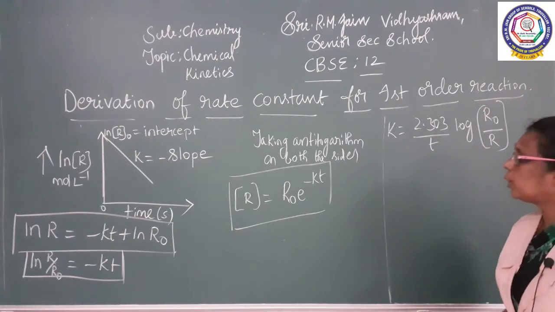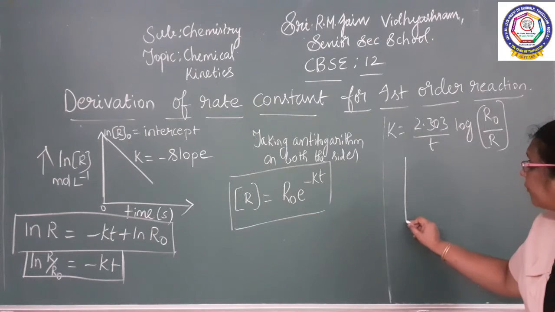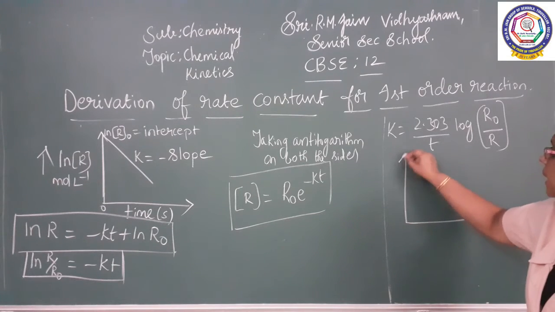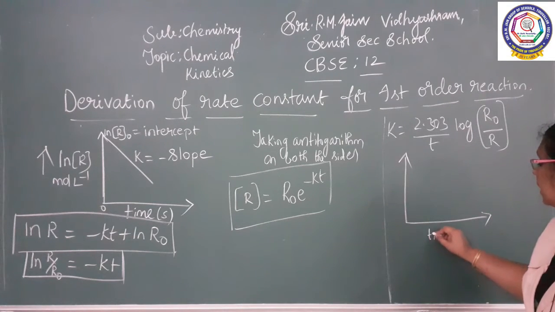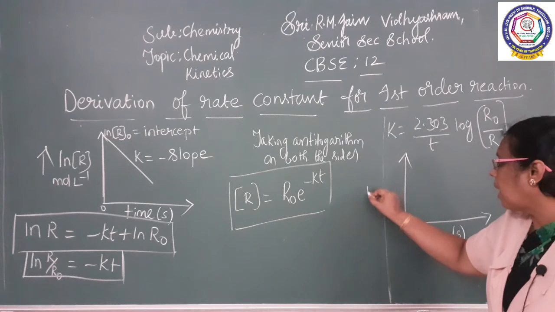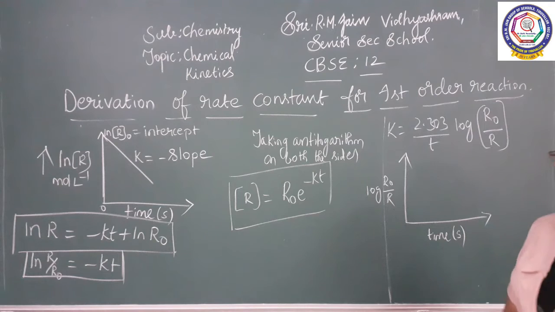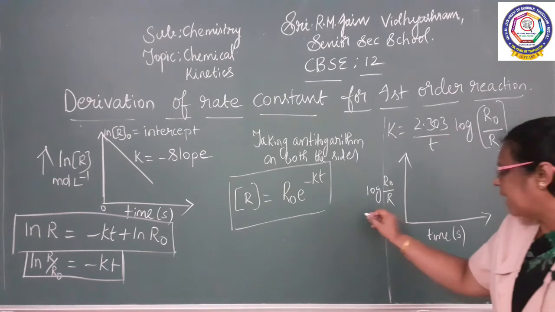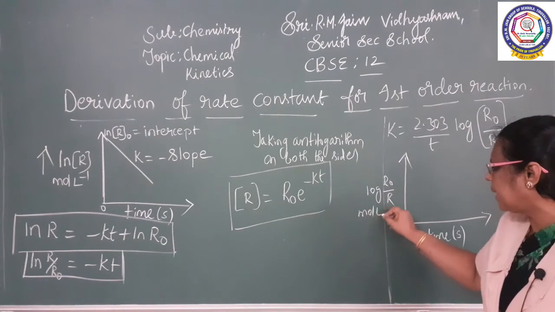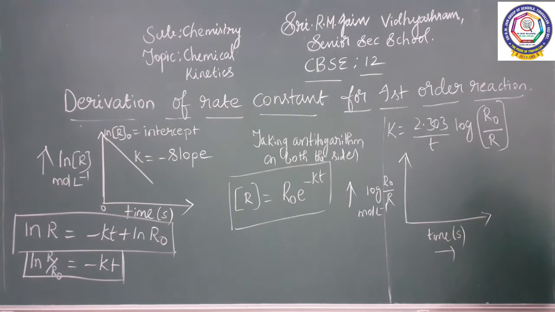If you plot a graph taking time in the x-axis, which is measured in seconds, and log r naught by r in the y-axis, where the unit is moles per liter, what will you be getting?